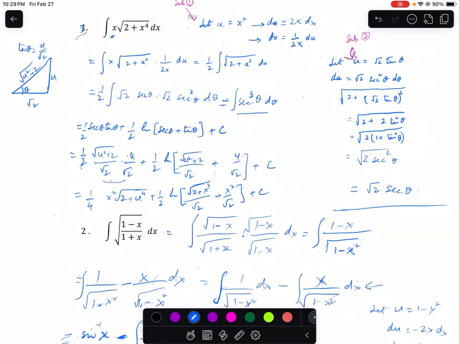And again we can actually get rid of the square root from the bottom, but if you did until here it will be fine. So this is how we do these integrals.